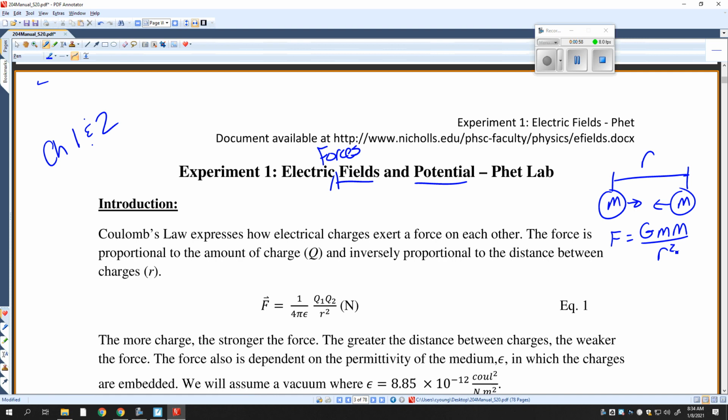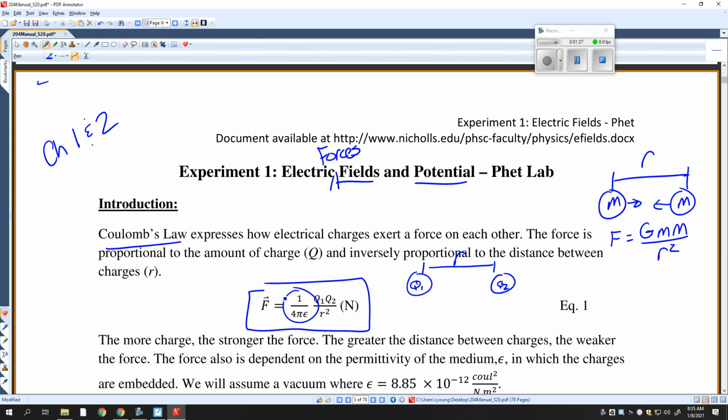Now, we're going to see something very similar in Coulomb's law, because the gravitational force and the electric force are both spherically symmetric. They have the same mathematical form, and so they'll look very similar. Here is the expression of Coulomb's law, and it's basically the same as Newton's universal law of gravitation, where I have two charges, Q1, Q2, and they're separated by a distance r, and the force is given by this equation.